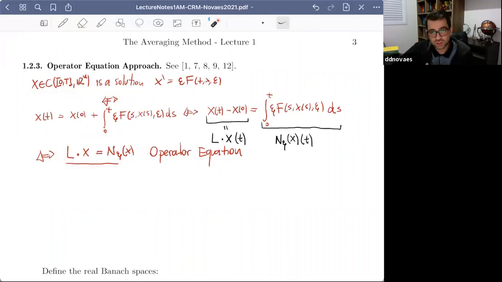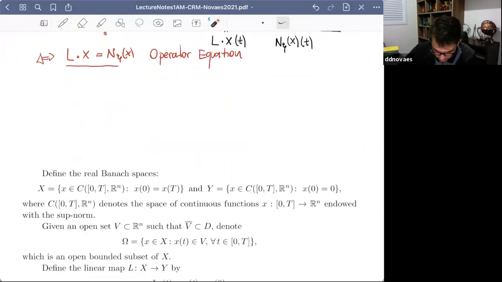Then in order to investigate the periodic solutions of the differential equation, we just have to state suitable spaces where these operators are defined. So that's what I'm going to do right now.